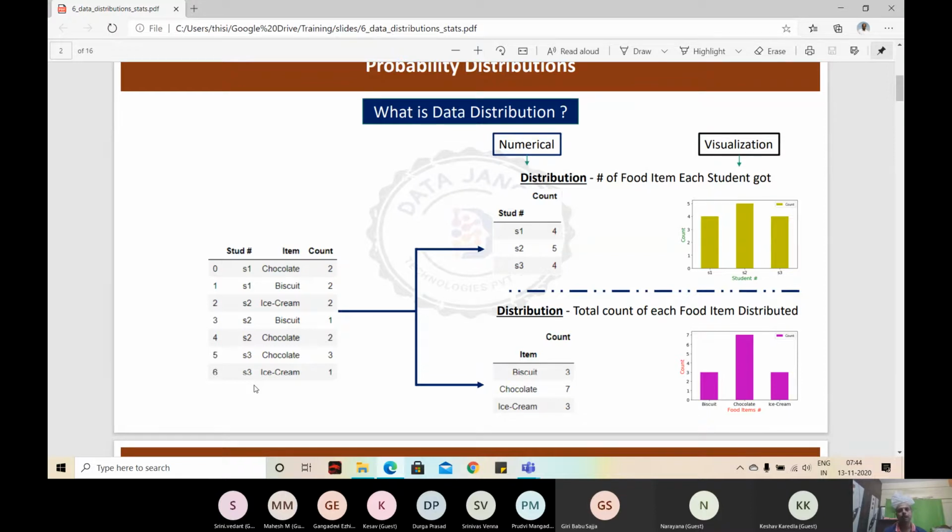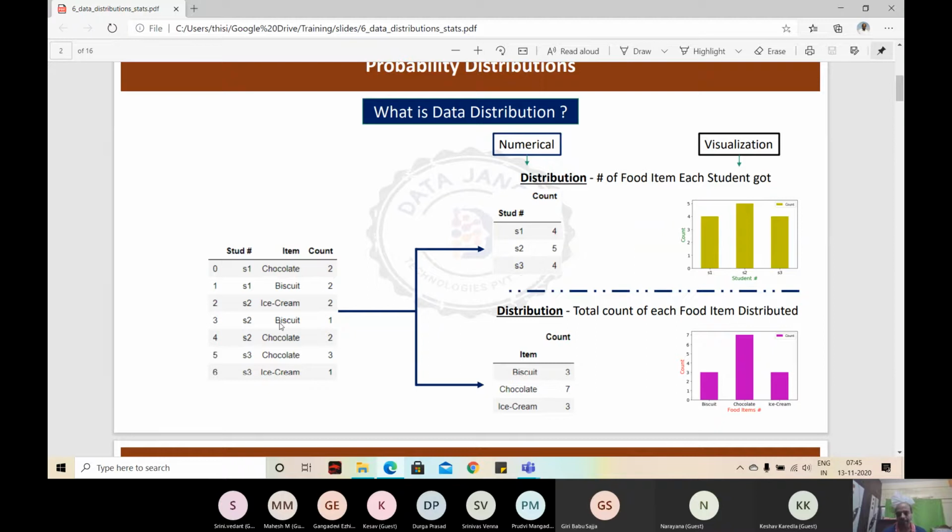So if we want to understand how many biscuits were distributed, how many chocolates, how many ice creams, that becomes the items distribution. Now how many items each student got becomes the distribution of food items got by students.